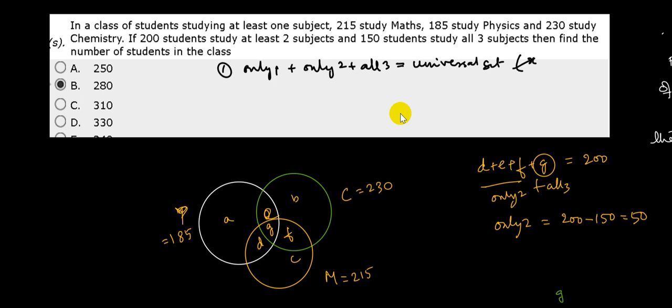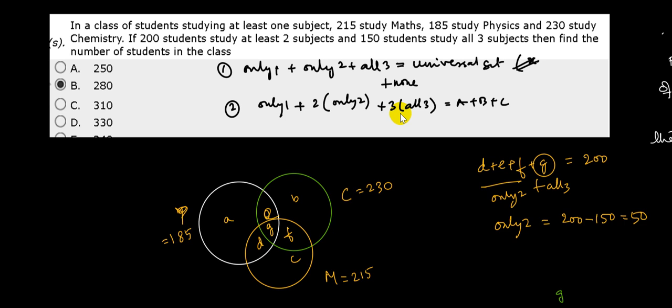If there are people outside the circle, then only 1 plus only 2 plus all 3 plus none would be the universal set. And the second would be only 1 plus twice only 2 plus thrice all 3 would be A plus B plus C, where A, B, C represent the circles. Clear?